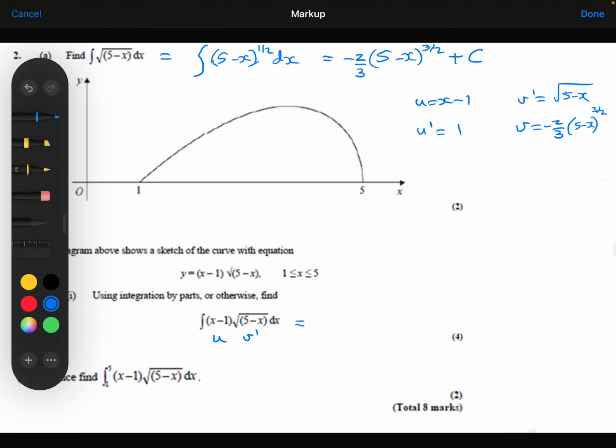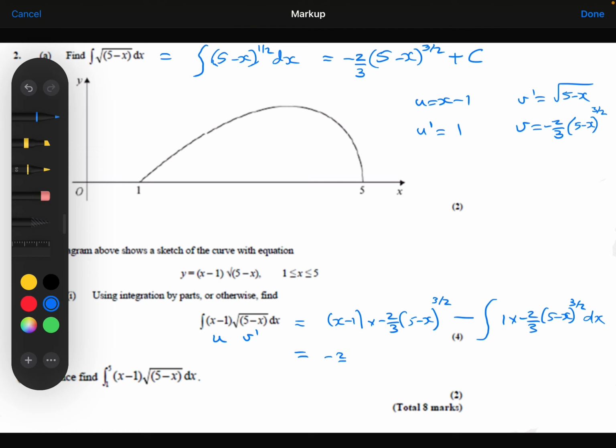Right, so applying the integration by parts formula, I'll have u times v minus the integral of u dash times v. Right, let's simplify that now.